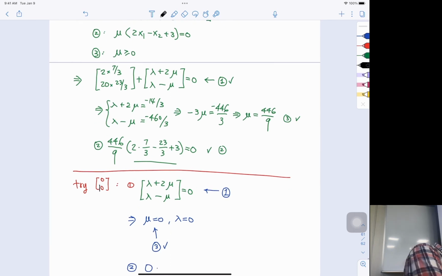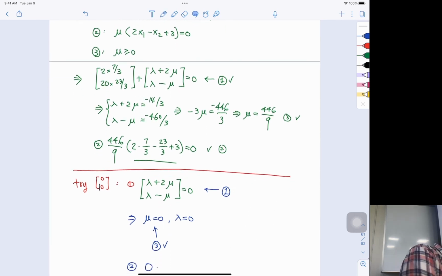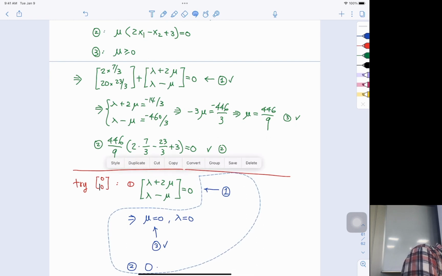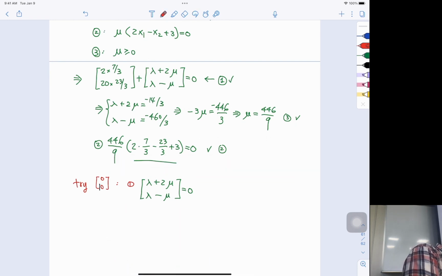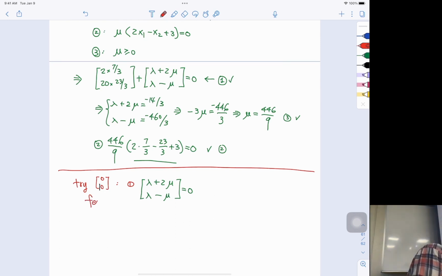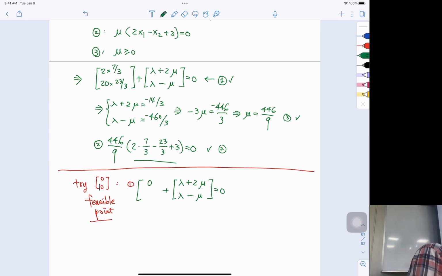In this case, I will get rid of these. It's a feasible point, but I'm not sure if it's an optimal point. So in this case, I will have something in the front, 0 and 20 times 10. I will use the bottom one minus the first one, so I will have 200 minus 3 mu equals 0.